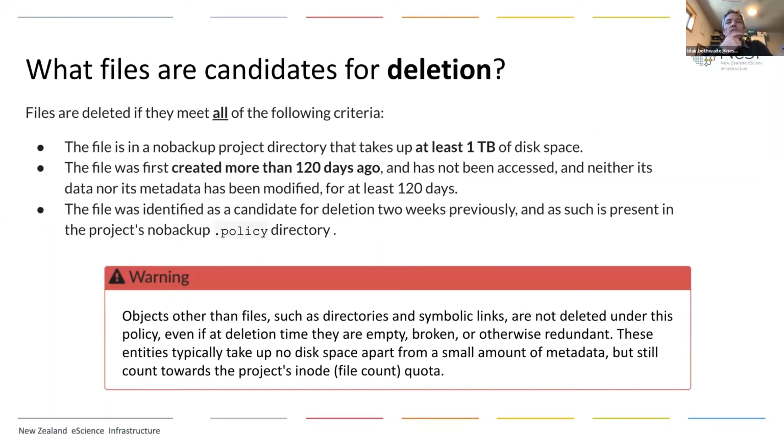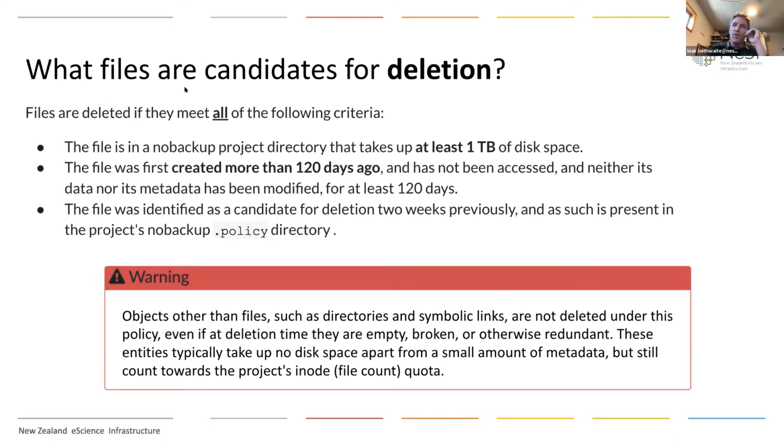Files will be candidates for deletion if they have not been used for more than 120 days at the time that we run the expiry policy that runs through the file system and checks the file attributes. There are really two main criteria.